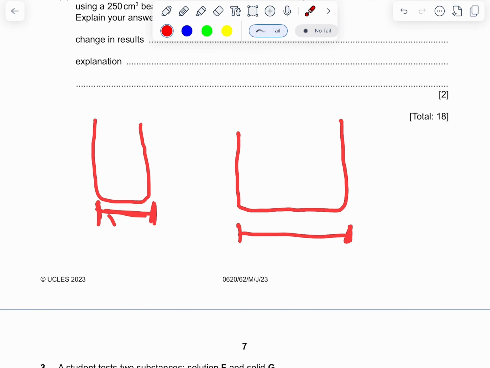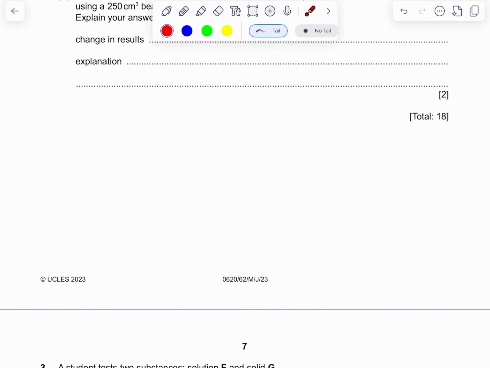Because you are going to use a 250 cm³ beaker, but you are still going to use 50 cm³ of your liquid. 50 cm³ of your liquid in the 100 cm³ beaker would cover a very large space, so it would be difficult to see what is beneath the beaker, because there's so much liquid above it, all the liquid is on top of each other. But in this one, the liquid is completely spread out, so you would be able to see through much earlier.